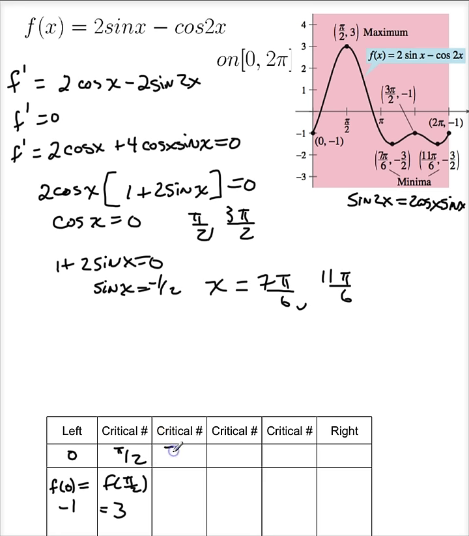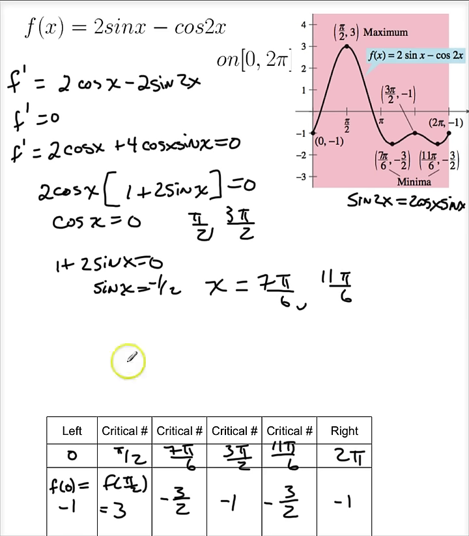At 7 pi over 6, my value is minus 3/2. At 3 pi over 2, my value is -1. At 11 pi over 6, I'm at -3/2. And at my right endpoint, at 2 pi, I'm sitting at -1.